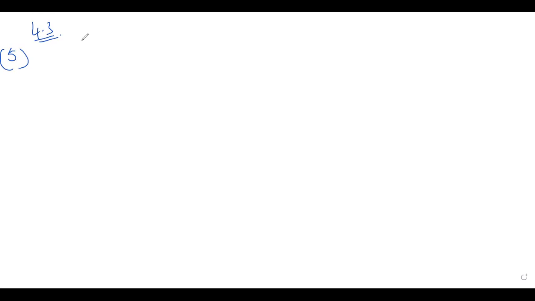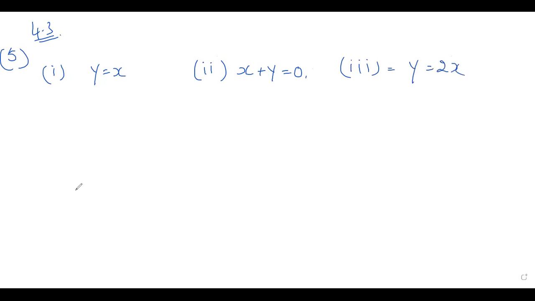They have given equations, children, here. I will write all the equations. Y is equal to... x plus y is equal to 0. Third one, y is equal to 2x.